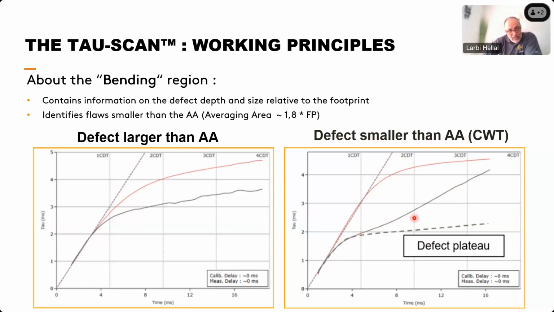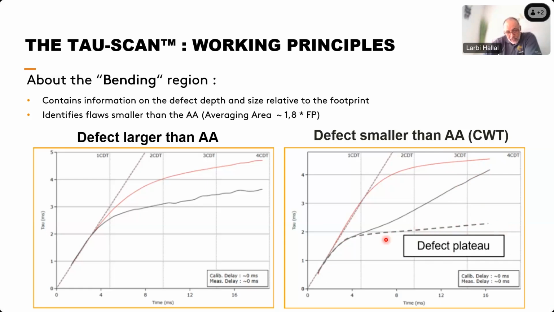You can see here the black line. Because of the slope of this black line, we can understand that this defect is smaller than the footprint and the averaging area. Otherwise, if this defect had been larger, it would have followed the dashed line that you see, the defect plateau.